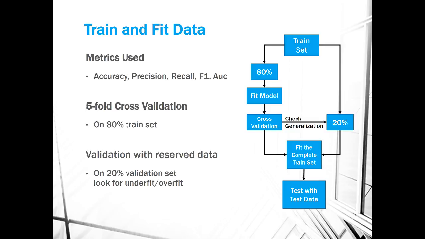When we receive satisfying results by adjusting the feature scaling and parameter learning, we then check the generalization capability of the model against the reserved 20%. After we have a solid model, we fit the model again with the complete set of training data and test the model with the test data on Kaggle.